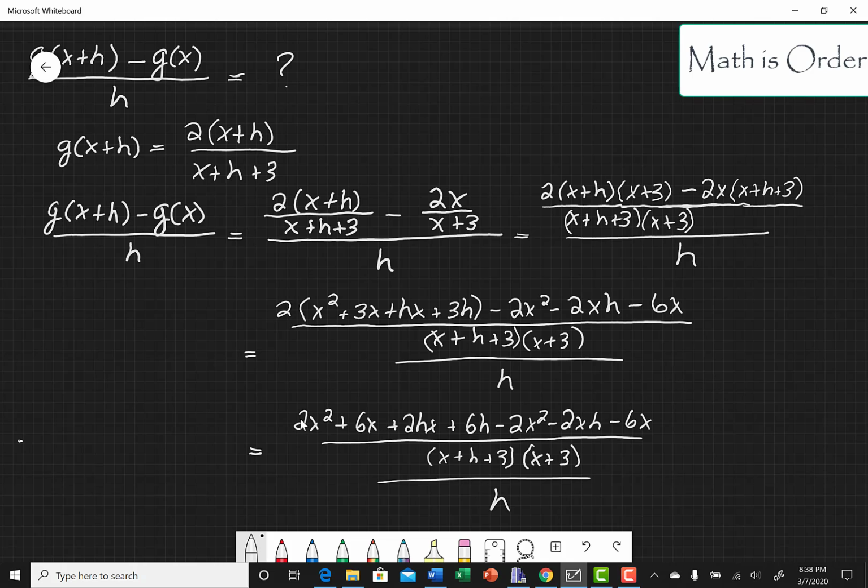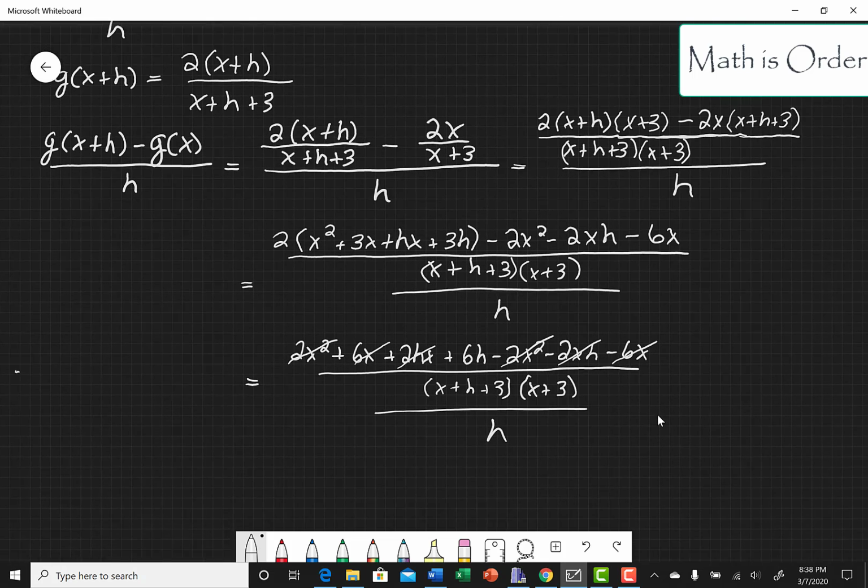All right, now in this numerator here, we see that we've got common factors that can be canceled. So positive 2x squared cancels the negative 2x squared. Negative 6x cancels the positive 6x. Positive 2hx cancels the negative 2hx.